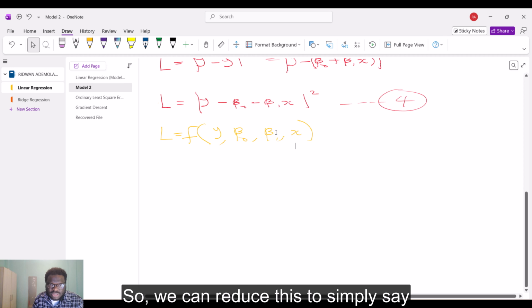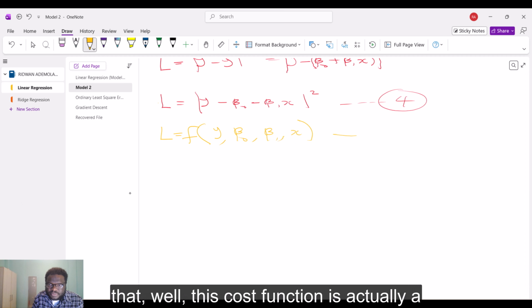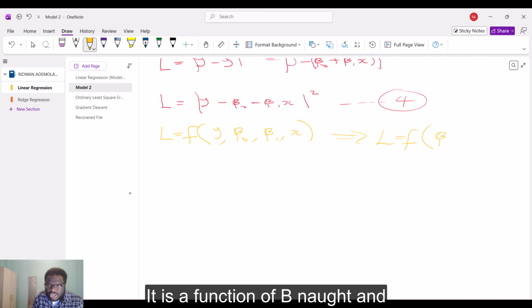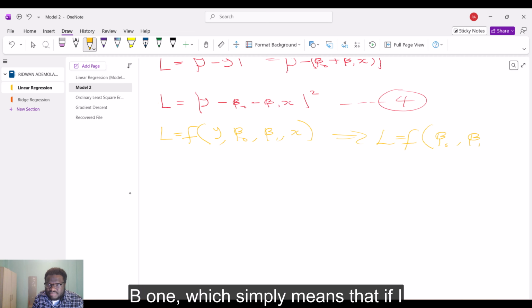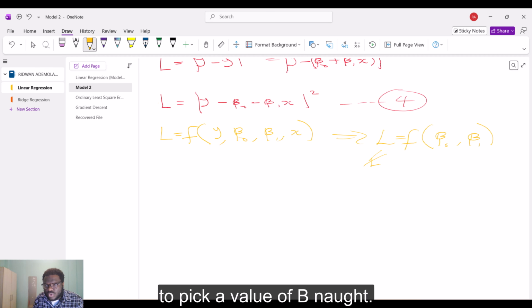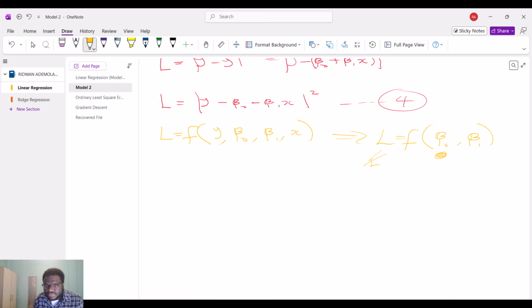So we can reduce this to simply say that this cost function is a function of b naught and b1. Which simply means that if I want to reduce this cost function, I need to pick a value of b naught.